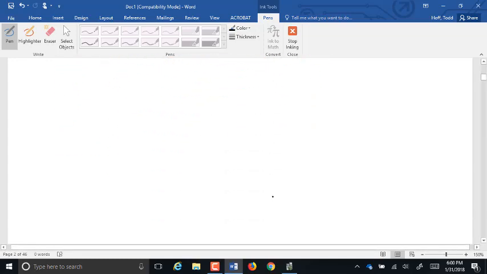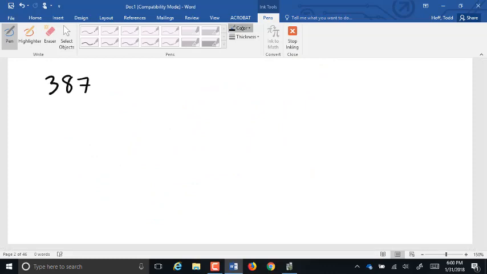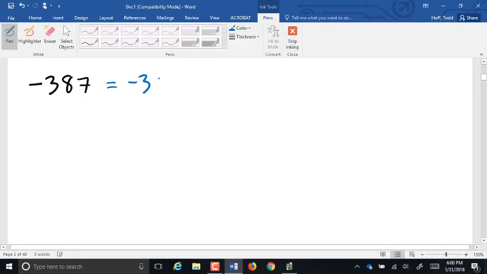The other big difference is our negatives. If I have a number like 387, let's make it a negative 387. Either every digit is positive or every digit is negative. So since that's negative, that's a negative 3 hundreds and a negative 8 tens and a negative 7 ones.